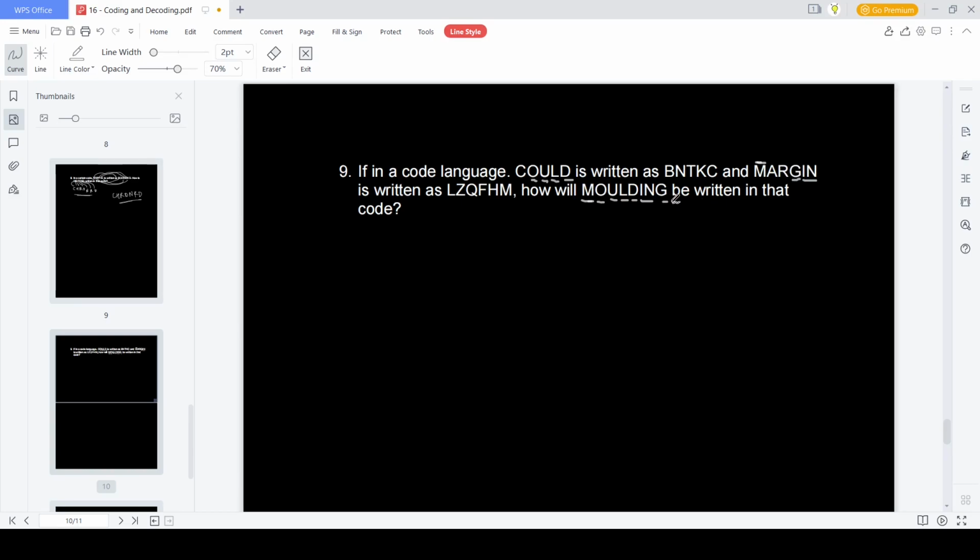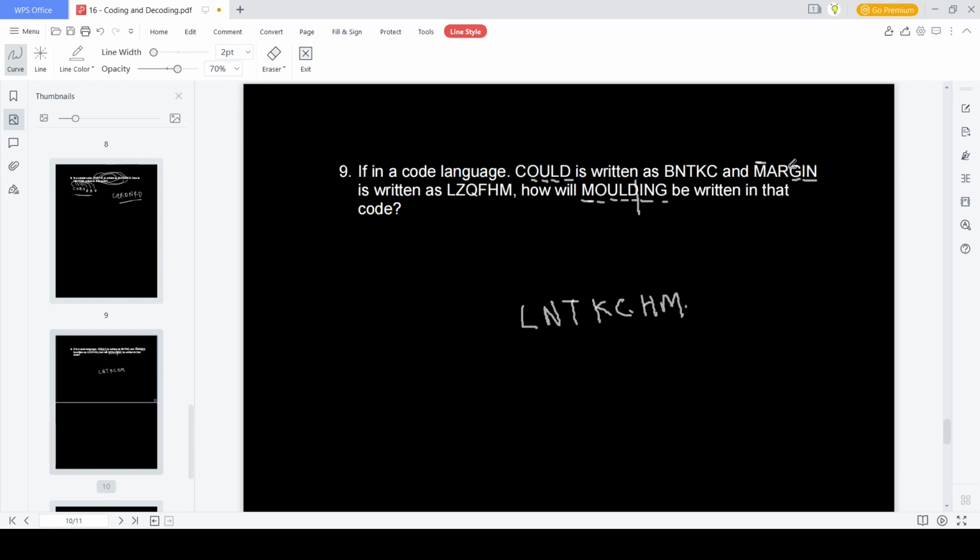So we can basically just copy the positions. First we'll write M. M is written as L, right? So in the new code, molding will start with L. Then OULD, the four letters, are N, T, K, and C. Then ING: IN is written as H and M, so I add H and M here.